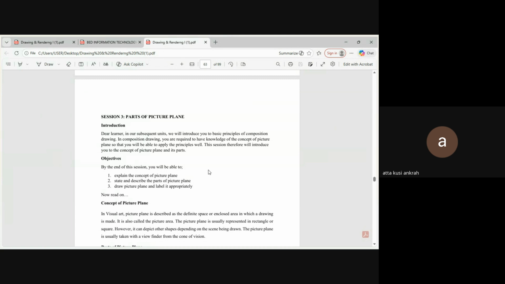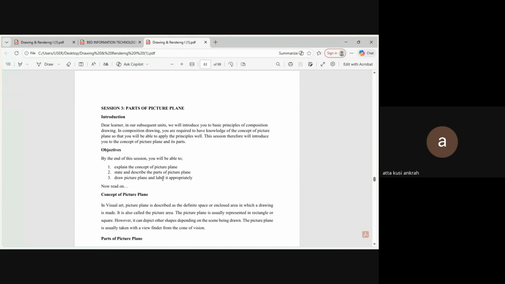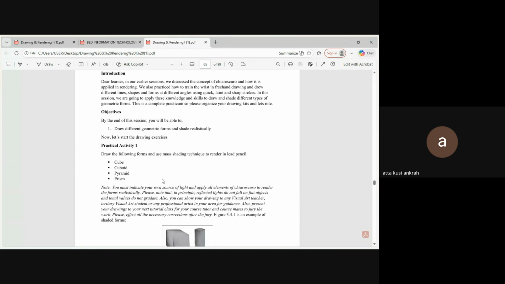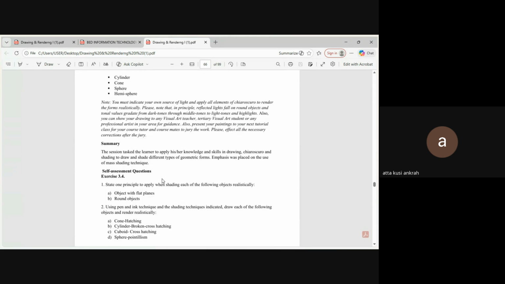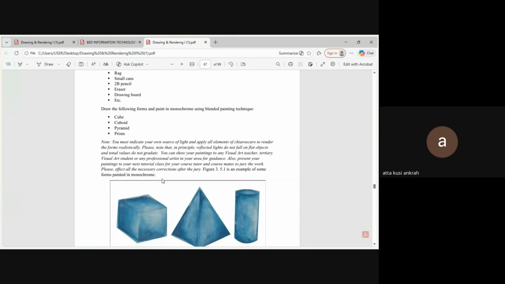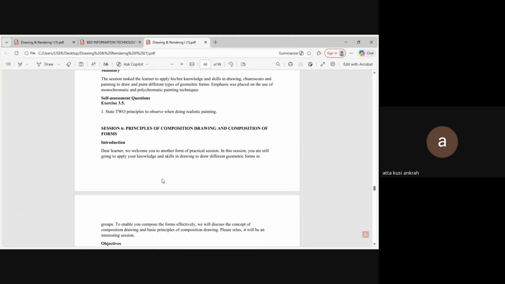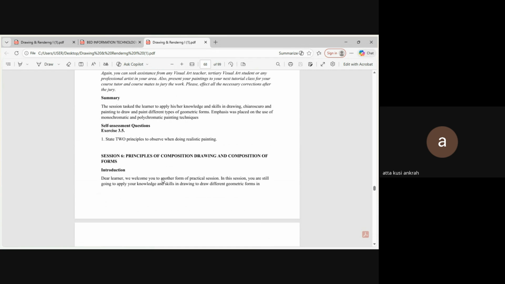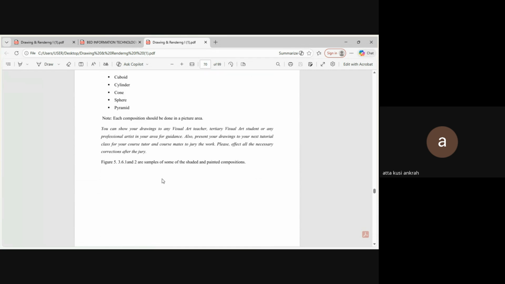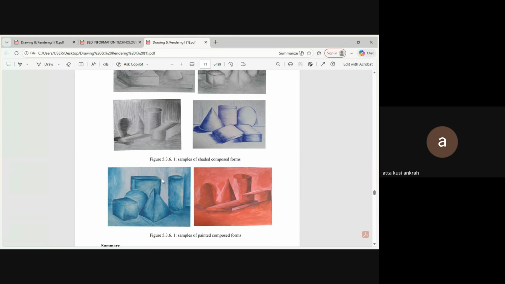Okay, so let's do the last bit for today. After the last bit, you realize that practical is coming in here. So you also practice it next time. But we'll deal with the shading session in our next meeting, and the composition.